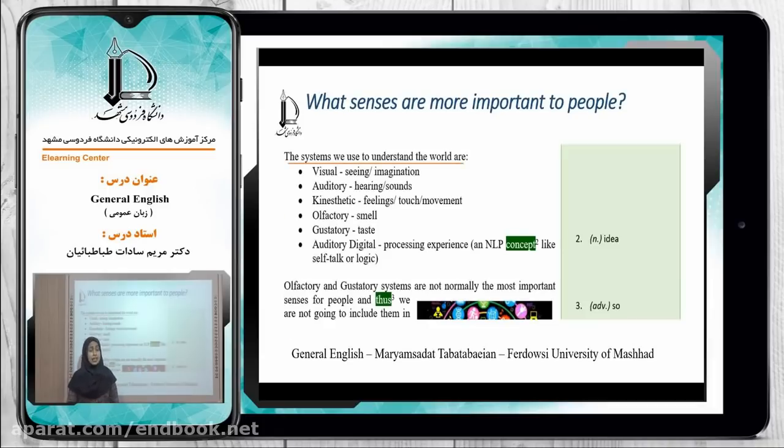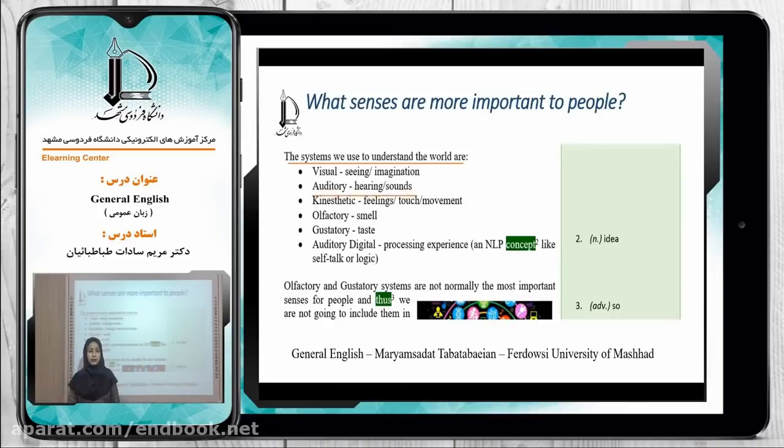Look, it says we use these systems to get information from the world. You remember the senses, right? Seeing, hearing, smell, taste, and touch. So, what are the systems? Yes, they are directly related to our senses.